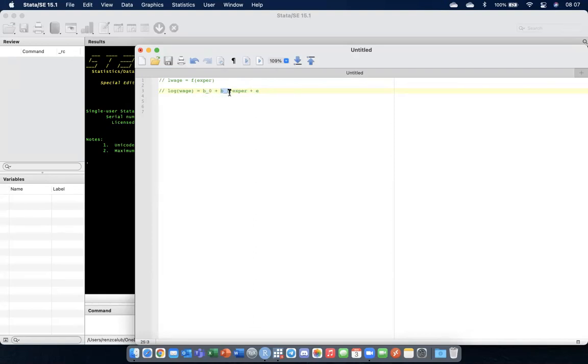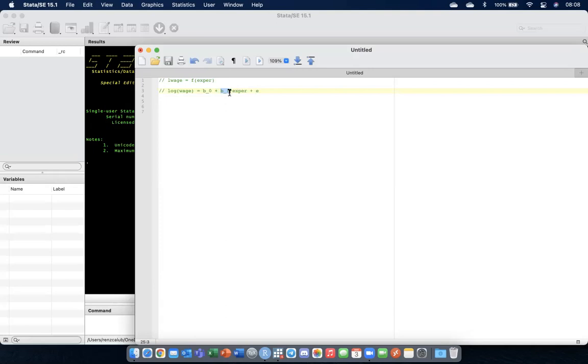Now, at this level, beta naught and beta 1 are still unobserved, right? We still don't know the exact values of beta naught and beta 1. We just know that these parameters exist, and these parameters capture the relationship between wage and experience.